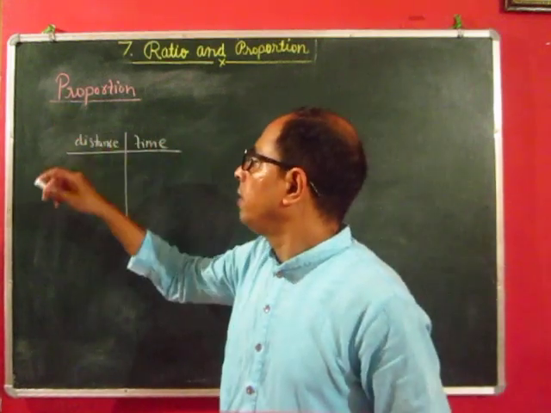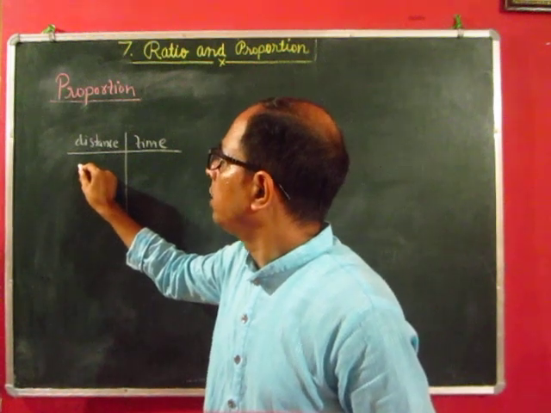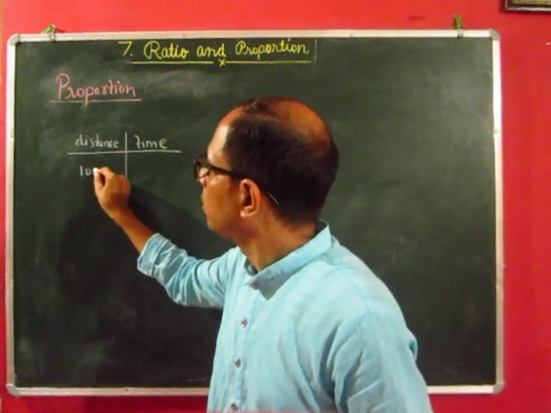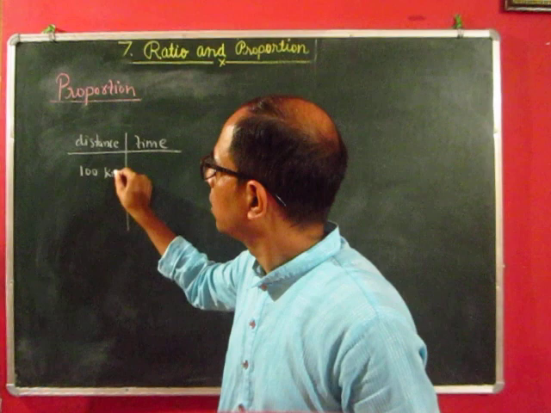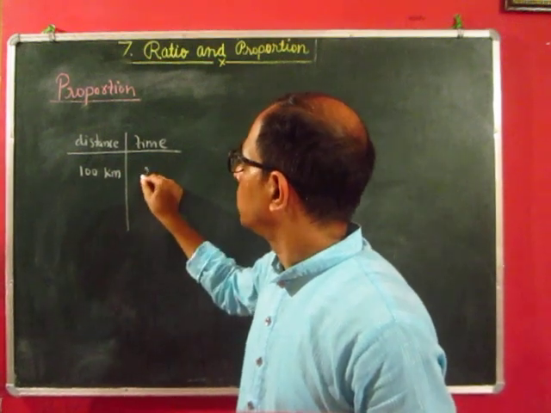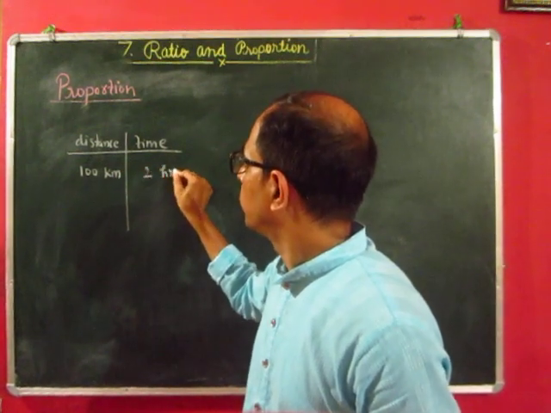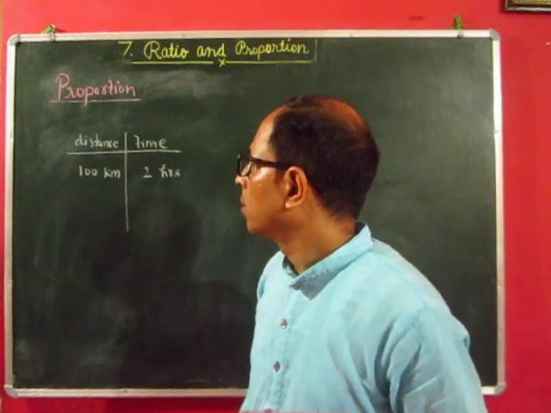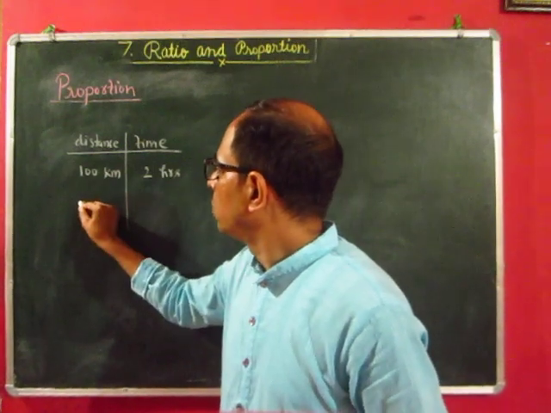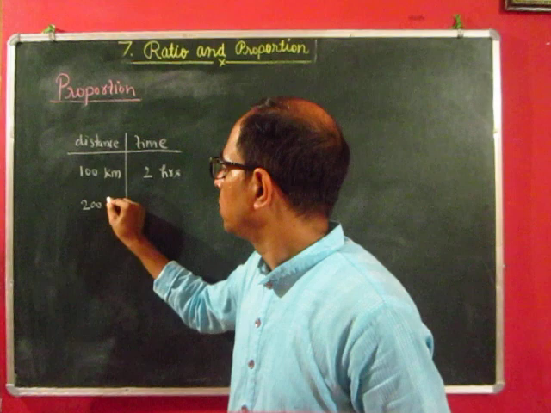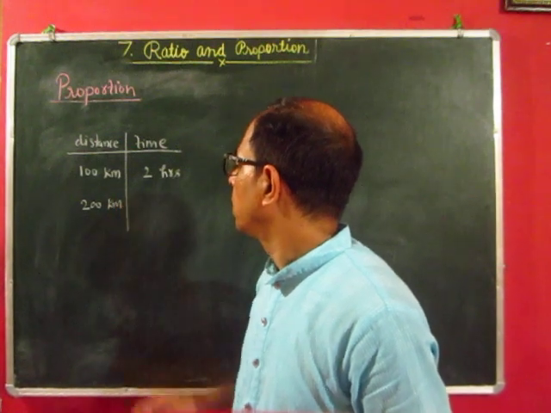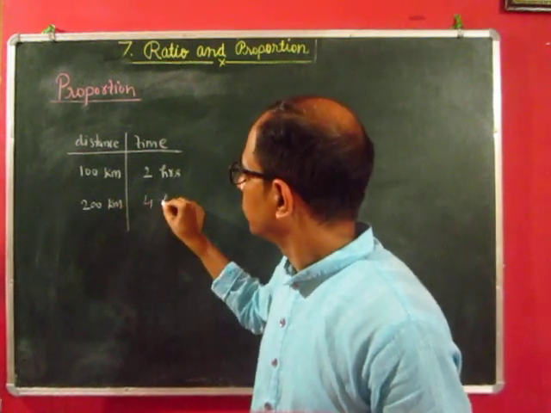So if the train covers a distance of 100 km in 2 hours, and a distance of 200 km in 4 hours.